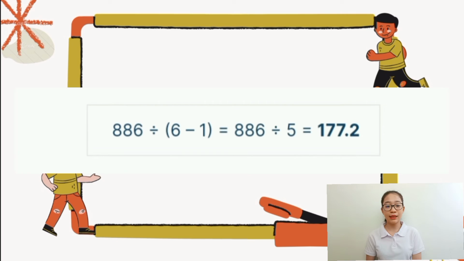Then lastly, divide the sum of squares by n or n minus 1. We'll use n minus 1 where n is equal to 6. And 177.2 is now our mean deviation.